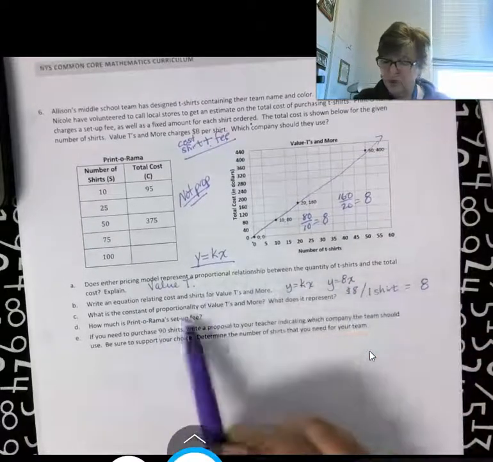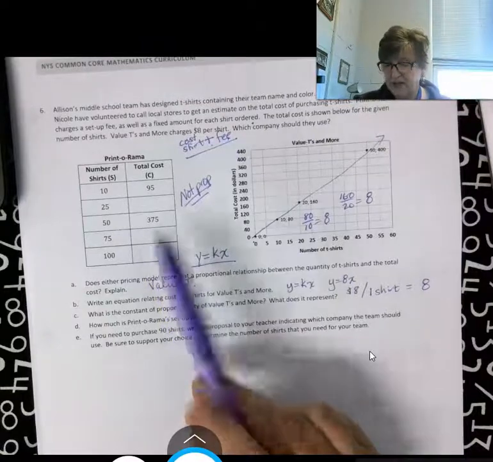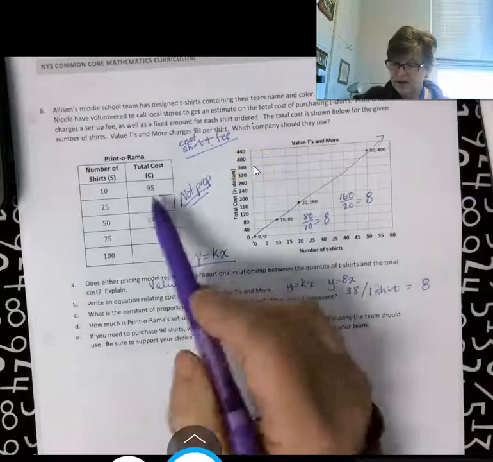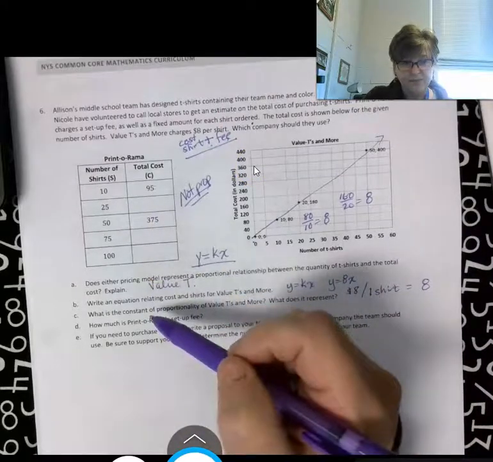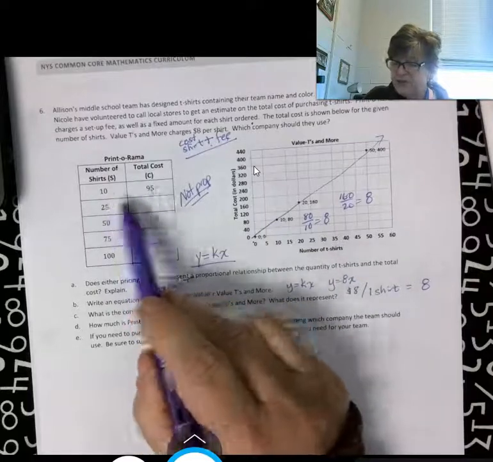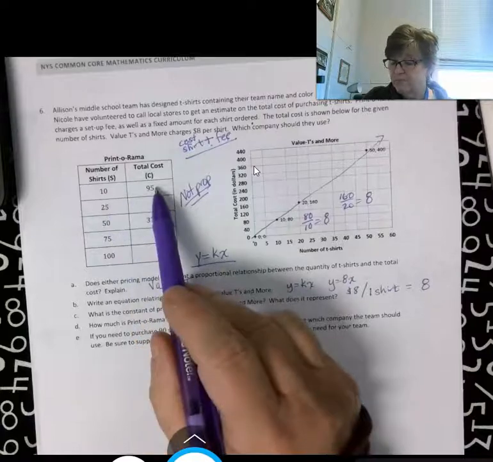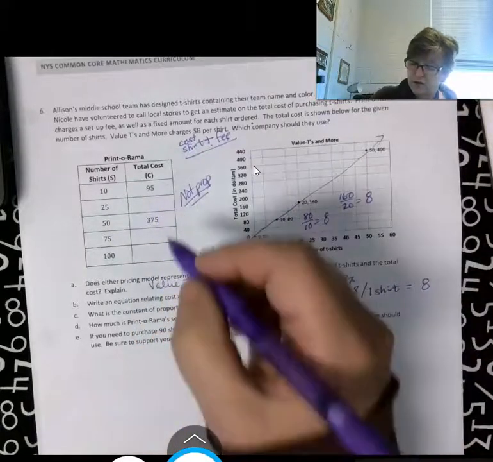Now what about the Printarama? The only thing I'm thinking of here is, as we look at these problems, the setup fee is going to be the same. And as I'm looking, I'm seeing that if my shirts are $7, then my setup fee is $25.